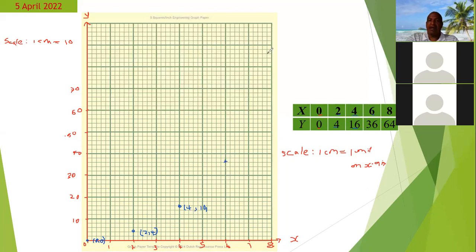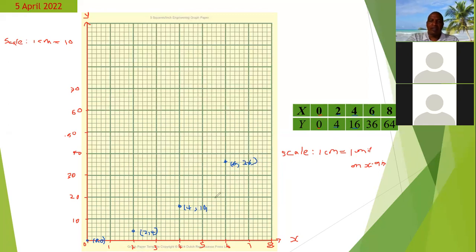All right, so if you highlight that point, then now you label your point as usual. So labeling this point, we would have x equals 6 and y is equal to 36.